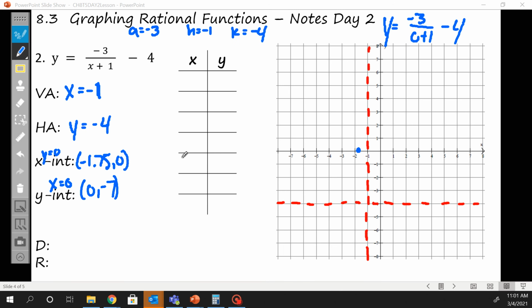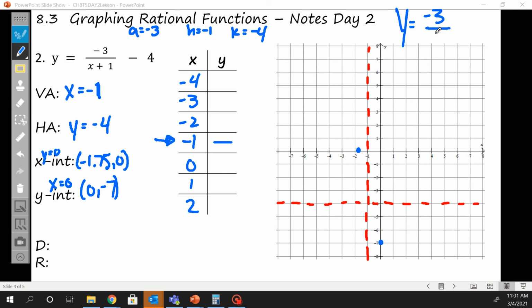So 0, comma, negative 7, which is down here. Okay, so in the middle of my table will be the vertical asymptote negative 1, which doesn't have a value. To the left of that, negative 2, negative 3, and negative 4. To the right of that is 0, 1, and 2, and I need to find the values for all of these in the table.